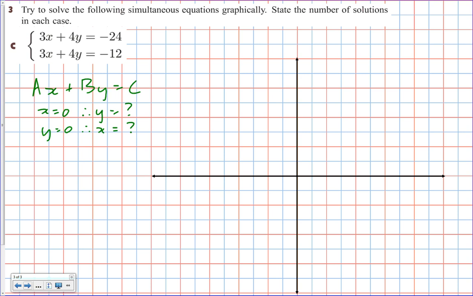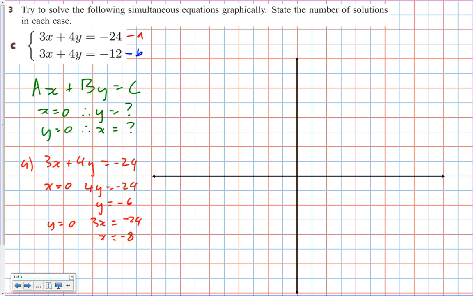So I'm going to call that B, call that A. So here A: 3x plus 4y equals negative 24. So x equals 0, 4y equals negative 24, y equals negative 6. y equals 0, 3x equals negative 24, x equals 24 divided by 3 is going to give me negative 8.